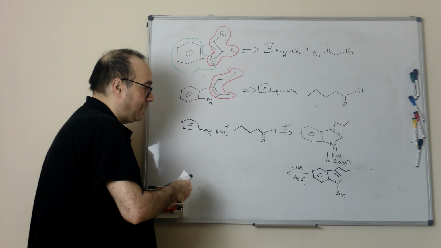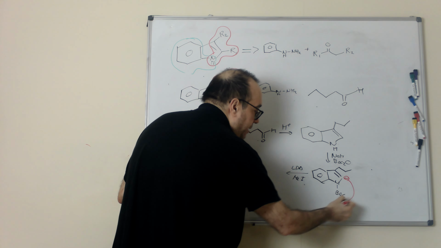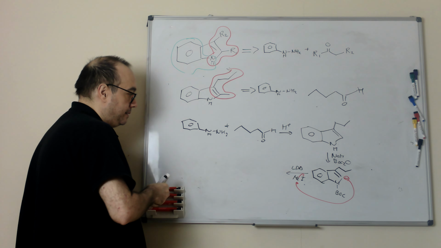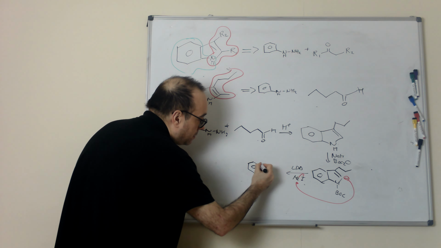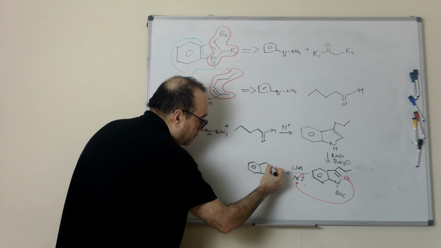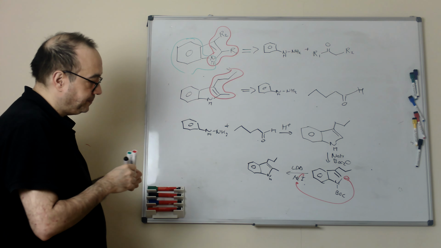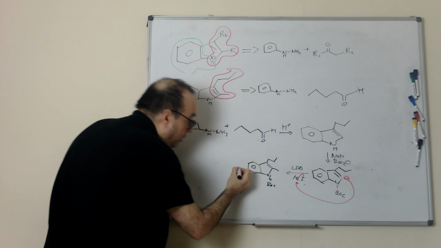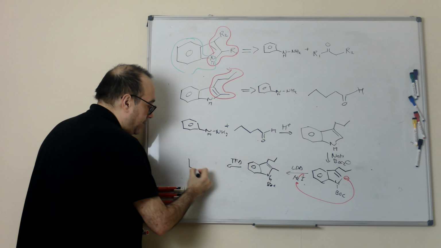Like I explained the other day, I make the anion here, SN2, and what I get is this compound, with a Boc here, sorry. Don't forget to deprotect, with TFA to remove the Boc, and I get the final compound.